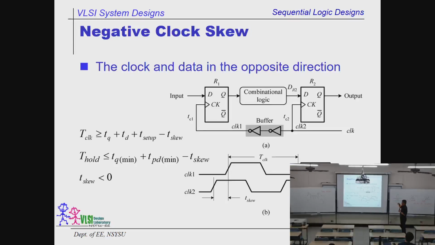The equation is still the same, but the T skew becomes negative. The clock and the data go in opposite directions. So that's why you have a negative skew. When your clock goes to the output first, and then the clock is sent to the input, you have a negative skew.